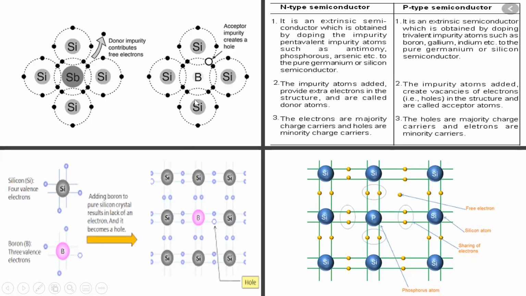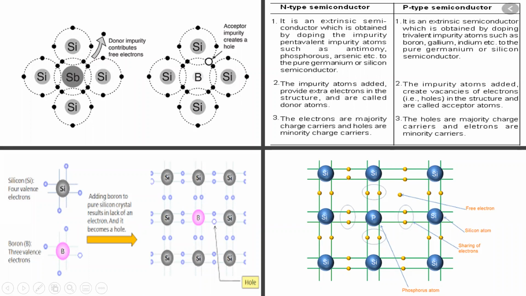So when we add a boron, what happens? 3 of its electrons get shared with 3 of the neighboring silicon atoms. But it does not have enough electrons to share with the 4th neighboring atom. So there is a vacancy of an electron there.